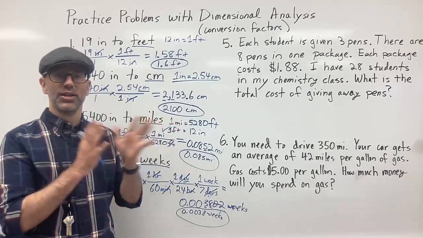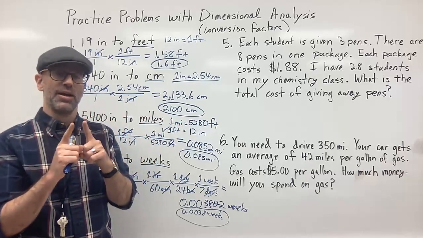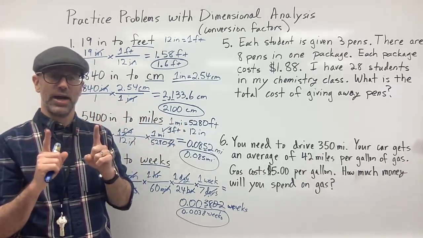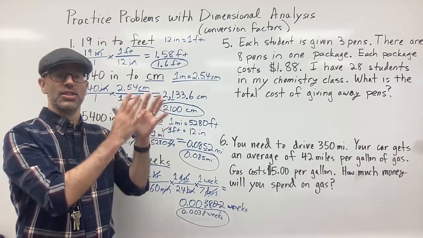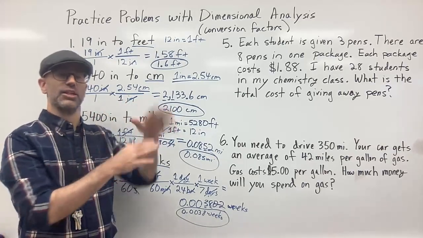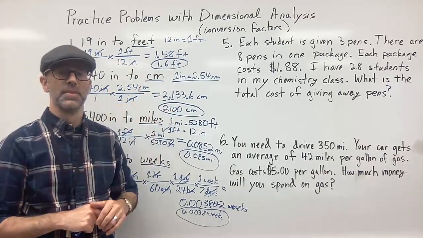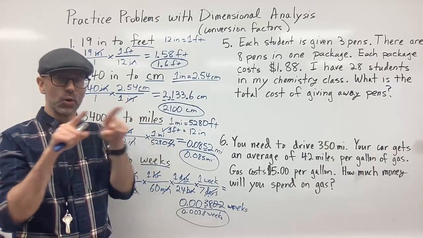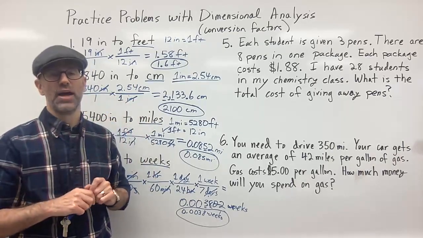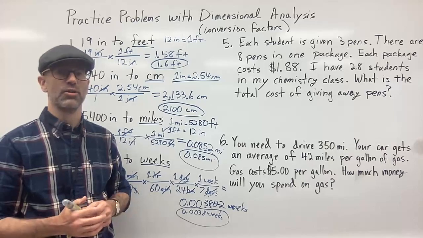So anything that's going to be a relationship between those two units, right? Something per something is like saying something over something, right? So we're going to write that down as an equality and then use that as a conversion factor, however we need to use it, okay?